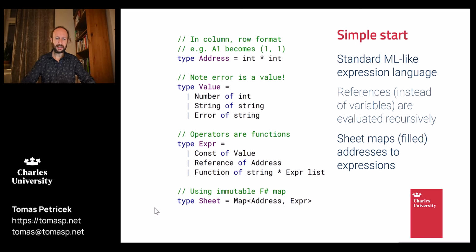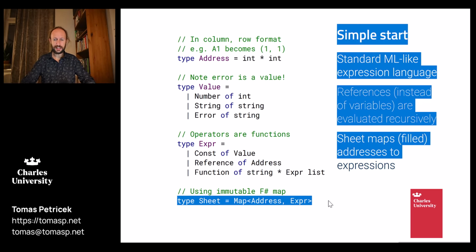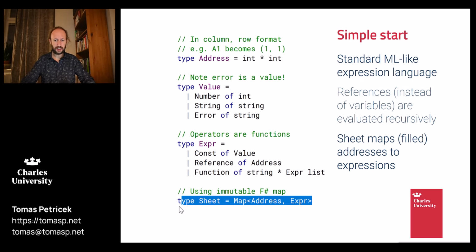In TinyExcel, we will just have an error as the possible result with a string value indicating what went wrong. And then at the end, we're going to represent the spreadsheet itself as a map that assigns expressions to addresses. So for every cell that has something in the spreadsheet, we will store that in a map, and we will say at this address there's this expression, and then in turn the expression can make further references to other addresses in the spreadsheet.